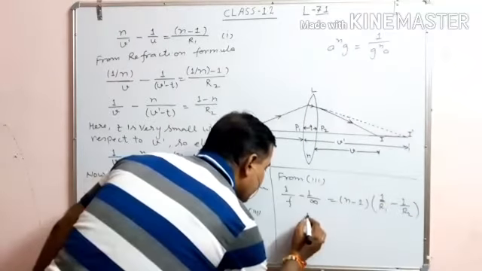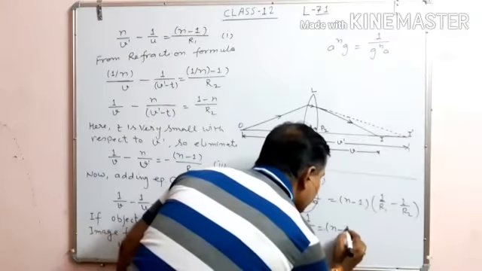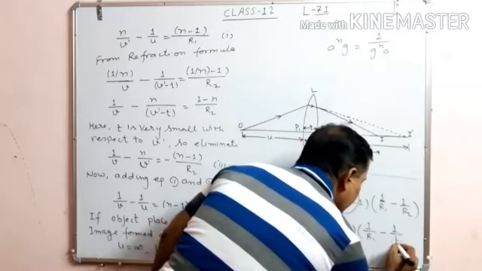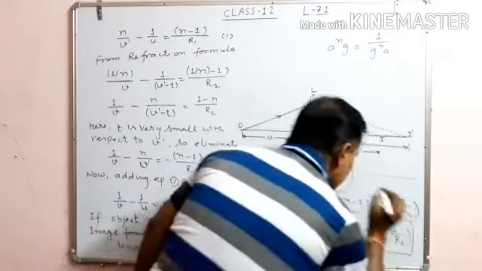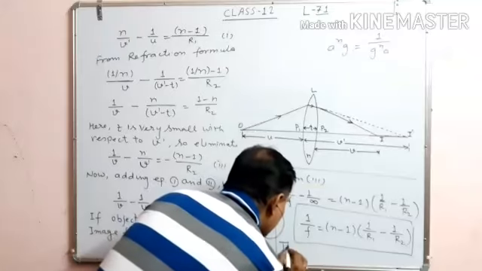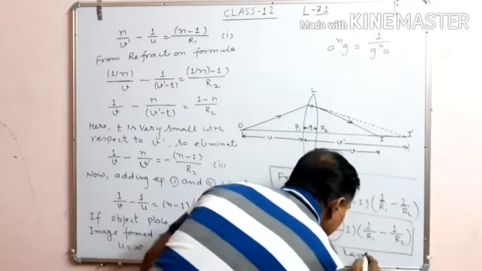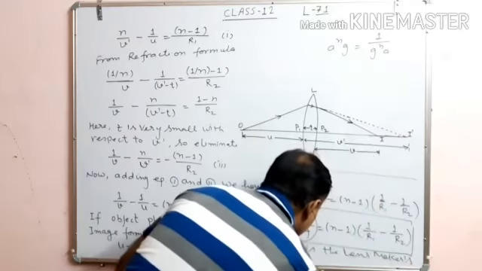So this becomes 1 upon f is equal to n minus 1 times 1 upon R1 minus 1 upon R2. This is the lens maker's formula.